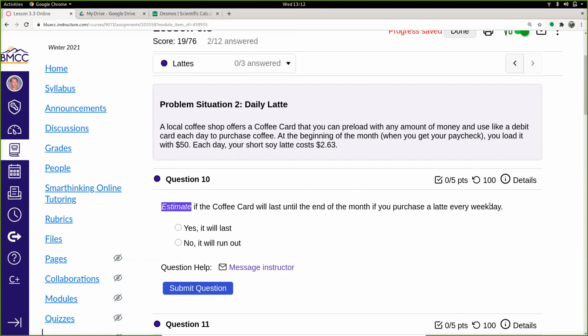If you only purchase coffee on weekdays, Monday, Tuesday, Wednesday, Thursday, not Friday, not Saturday or Sunday, will you make it through a month? So that's kind of a guess. But what I want to do is take the information given and see if I can write an equation for it. You don't consider Friday though?